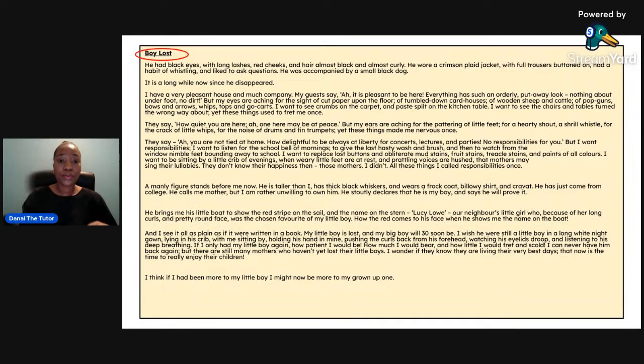So we are going to read the text again, but I want you to focus on the way events are organized, okay? So, for example, I want you to think about how the writer chooses to begin the text and think about why they've chosen to begin the text in that manner. Okay? We're not describing how it begins. We are thinking about why the writer has chosen to begin in that way.